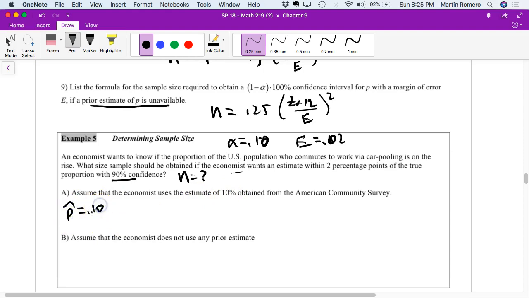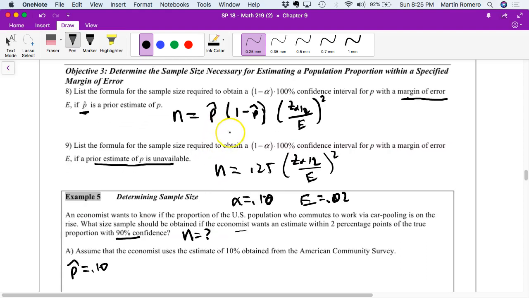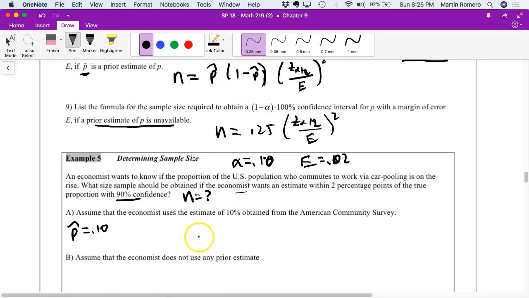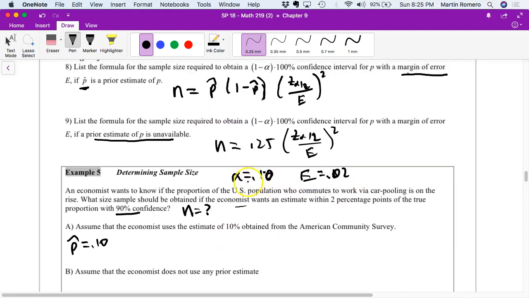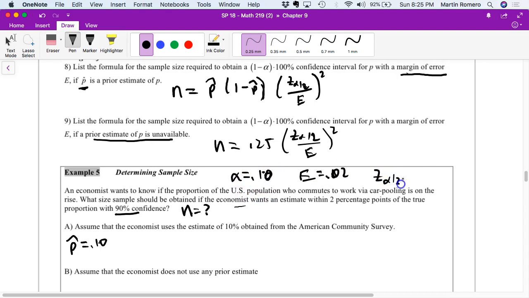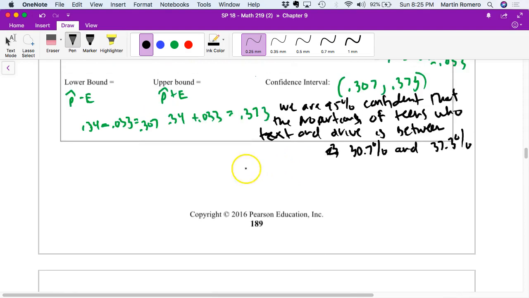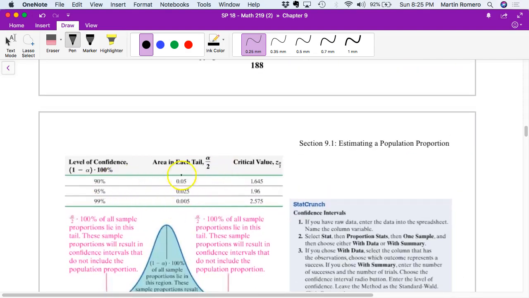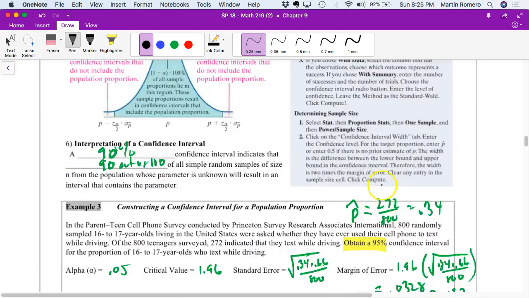So how many people would he need to interview? Pretty easy. Since we have a prior estimate, we use this formula here. It's a 90% confidence interval, so our z alpha over 2 for 90% is going to be 1.645.